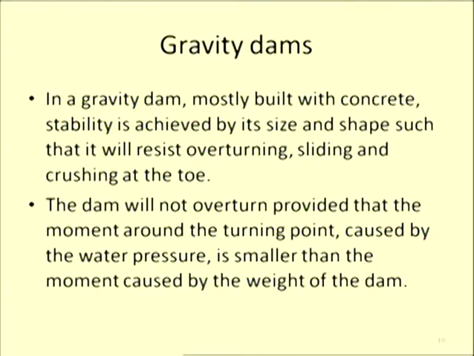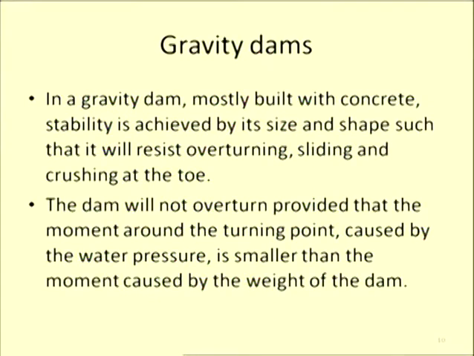The stability is achieved by its size and shape such that it will resist overturning, sliding, and crushing at the toe. The bigger the size, the more gravity force acts downward, making it stable to hold the water upstream.